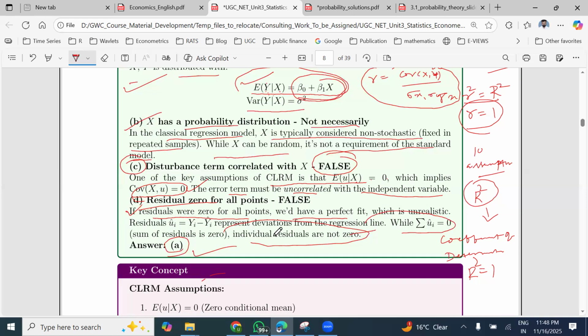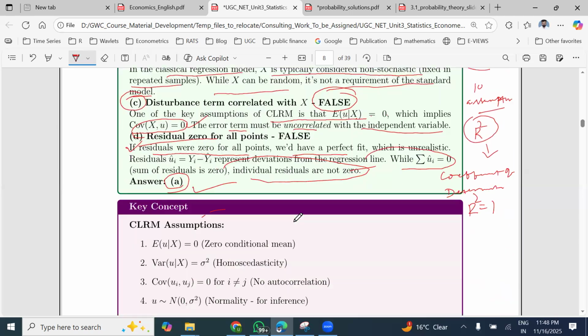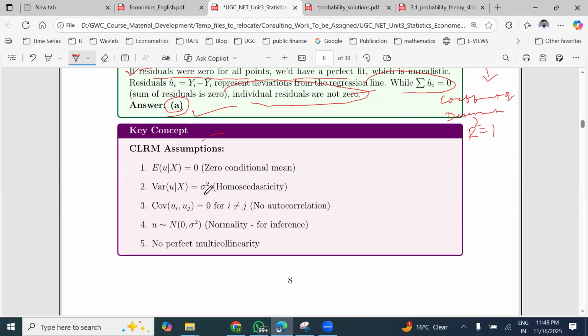See, you have to read. So what are those assumptions? Because we have not studied econometrics, we have only done descriptive statistics and probability. Expected value of u given x is equal to 0, this is the zero conditional mean assumption. Second, variance of u given x is equal to sigma square. This is the assumption of homoscedasticity.